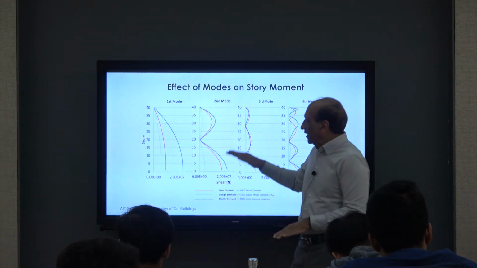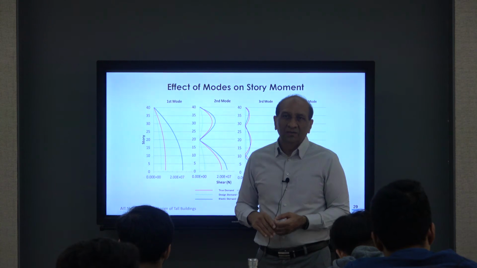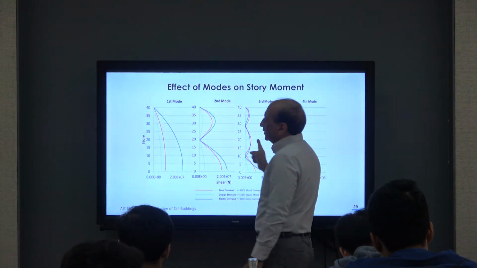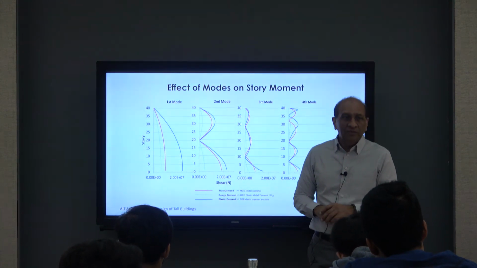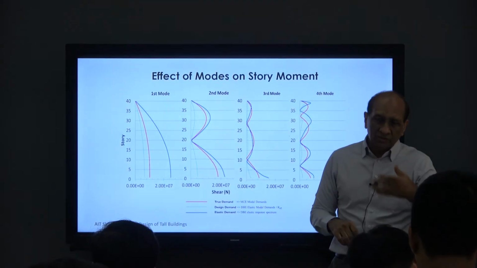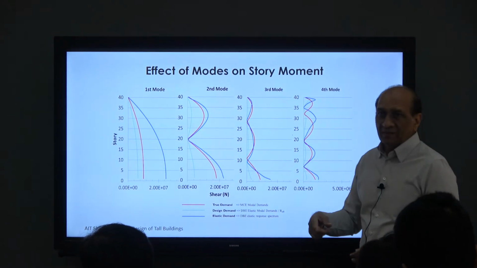When I say higher modes, that means in each direction mode 1, 2 and 3, right? So this alone is something that we need to be aware of and need to take into account, and this is something that in research, in AIT thesis, we almost always talk about this kind of thing and work on this.